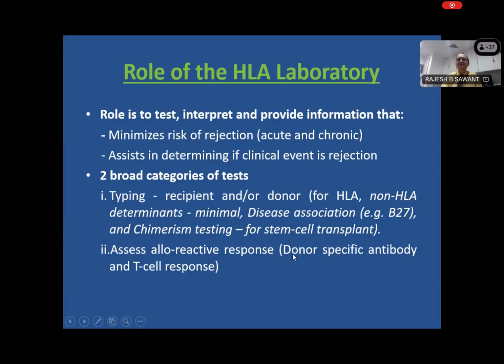So, as I said, the role of HLA laboratory is pivotal in cases of transplants. And as we've seen in the last couple of decades, a lot of transplants do happen. Bone marrow transplants, solid organ transplants, they happen in almost all the major cities across India.